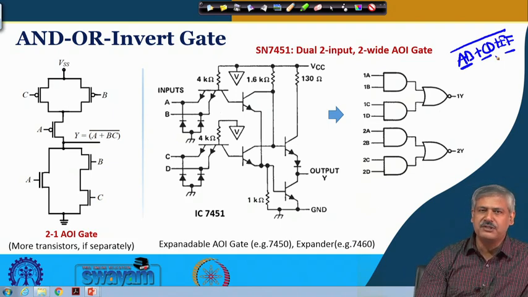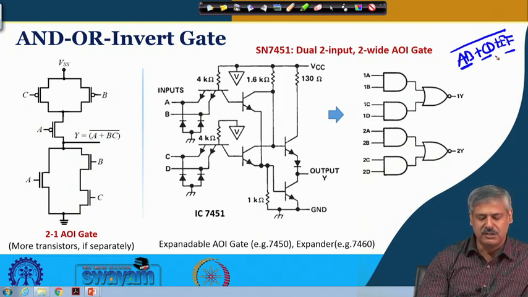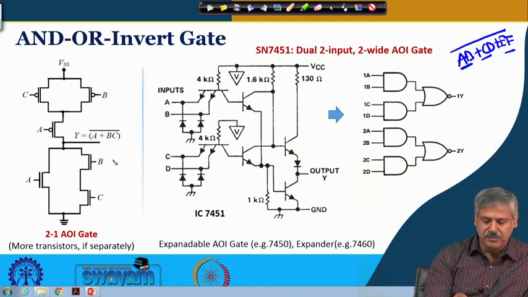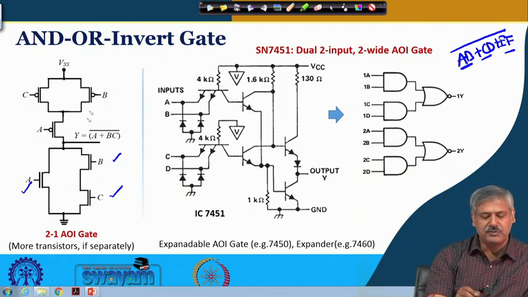So, for CMOS it is very easy. You can see that this is an example of a 2-1 AND-OR-Invert gate. So, these are the two inputs over here, this is the 2 and this is the corresponding 1 input. So, B and C are ANDed, and this is ORed with A, and these are the NMOS side and these are the corresponding PMOS side where B and C are in parallel, these are in series.